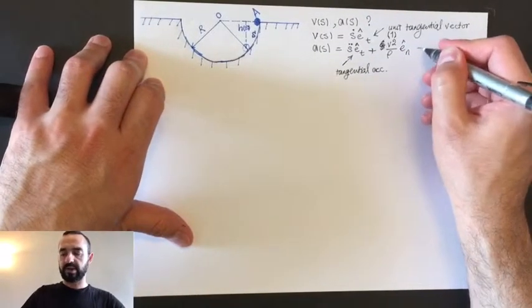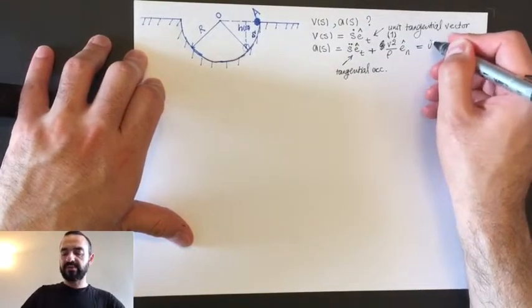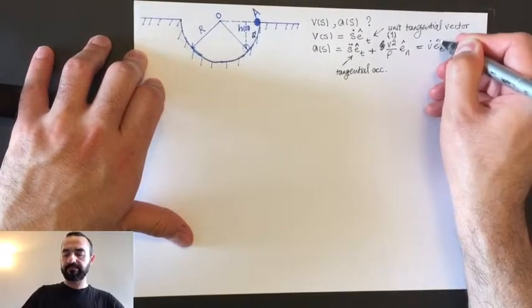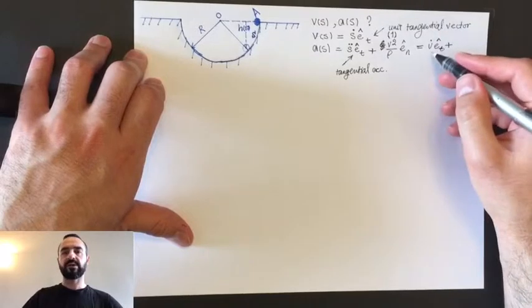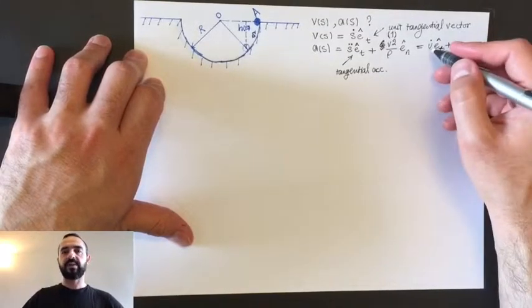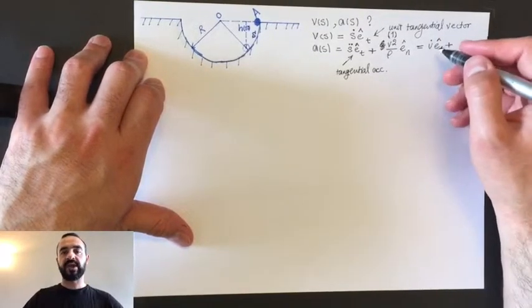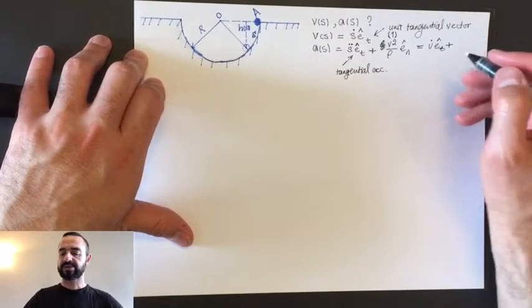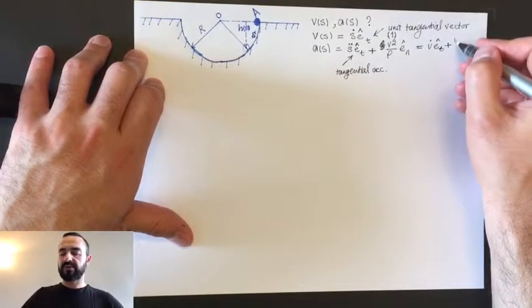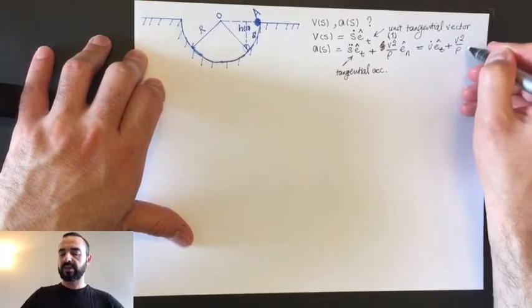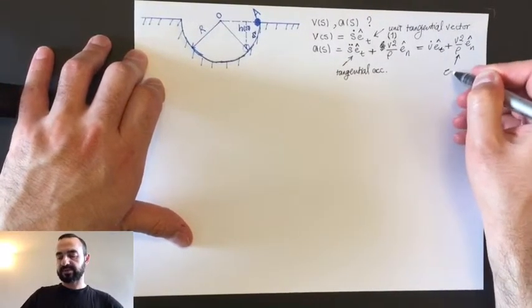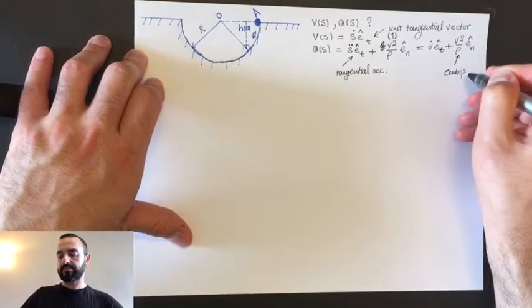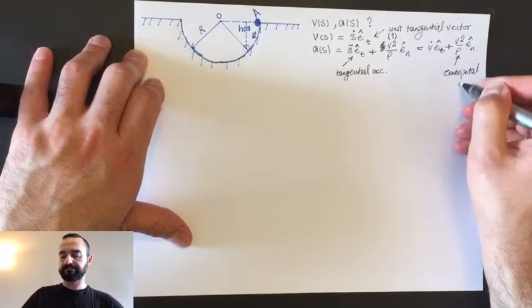So the other way to describe this equation is V dot E hat t. So you differentiate the magnitude of velocity and find the tangential component of acceleration plus V squared over rho E hat n. This is called centripetal acceleration.